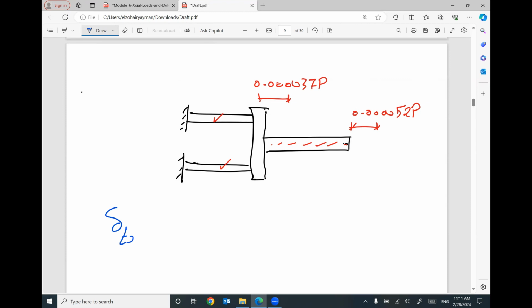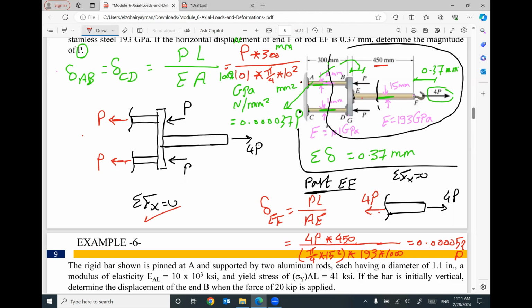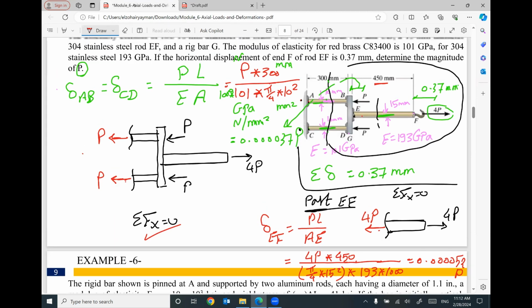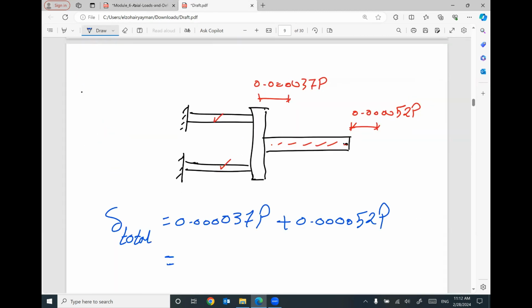delta total, will equal 0.00037P plus 0.00052P. And this total is already given in the problem, 0.37 millimeter.